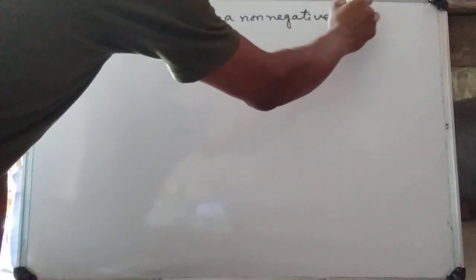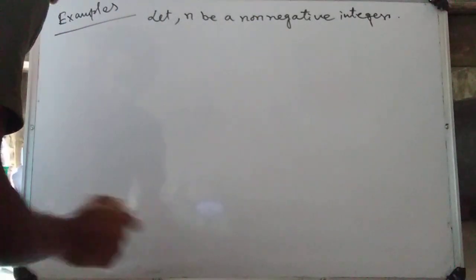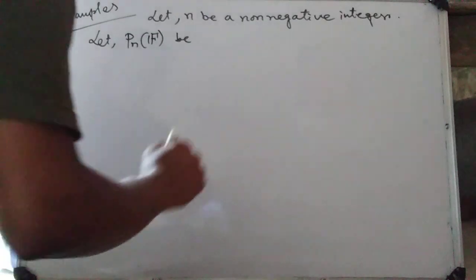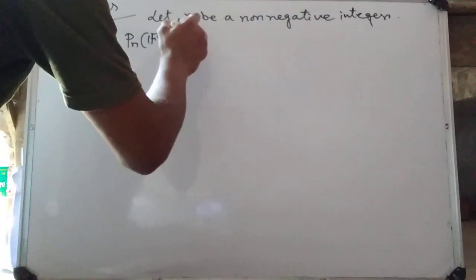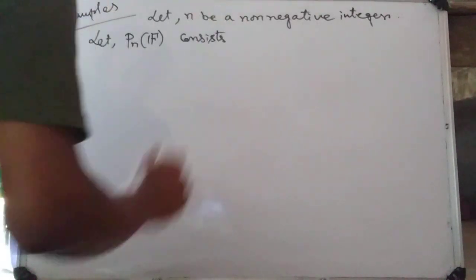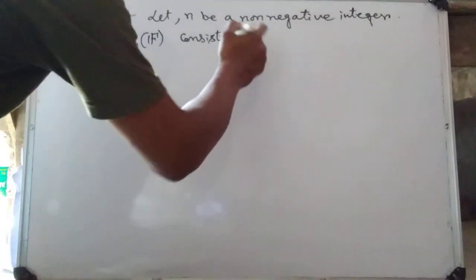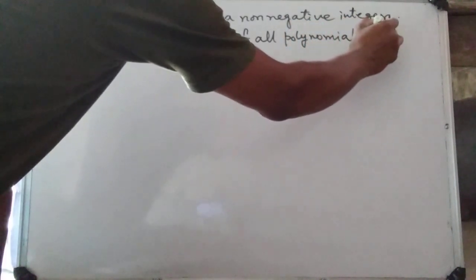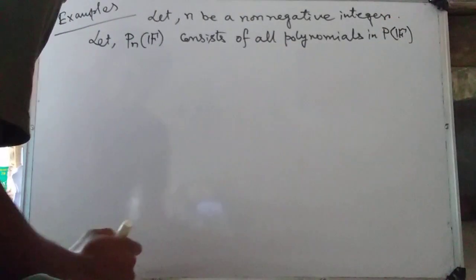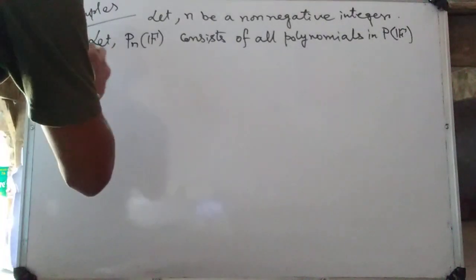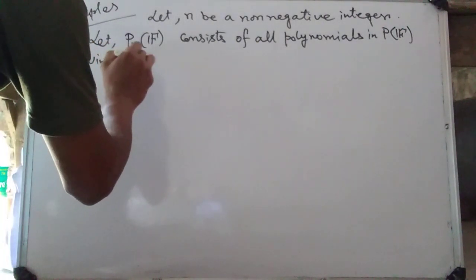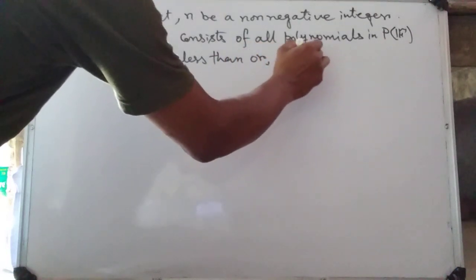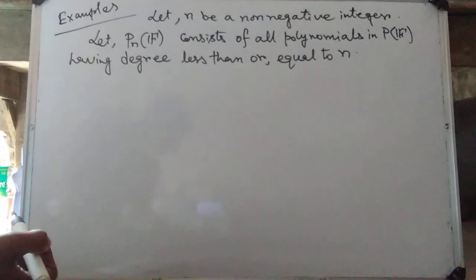Let P_n(F) consist of all polynomials in P(F) having degree less than or equal to n.